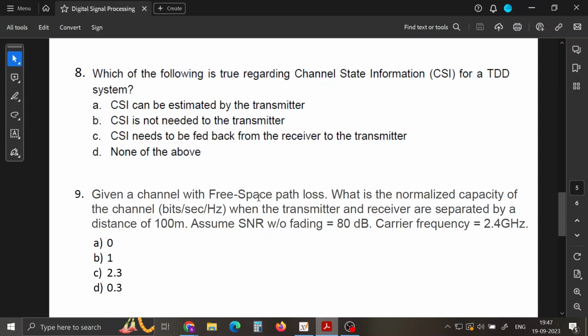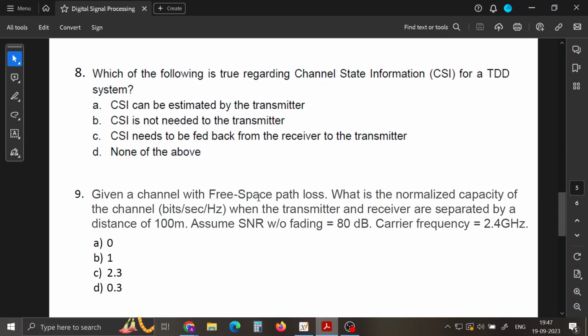In TDD, we know there is a single frequency that is shared by the base station and the mobile for communication, for both uplink and downlink. Since there is no concept of different frequencies for uplink and downlink, which was the case for FDD, that's why there was a concept of feedback. Remember, in FDD there was a feedback from the receiver to the transmitter, so the transmitter also has the CSIT, which we call, right?